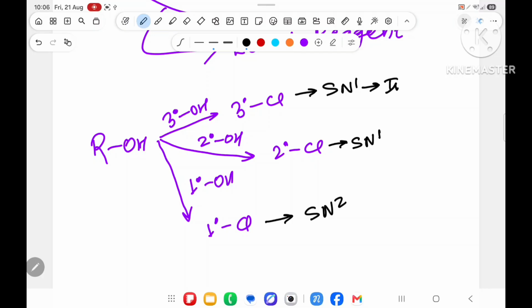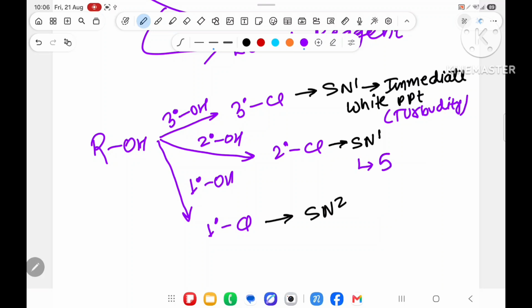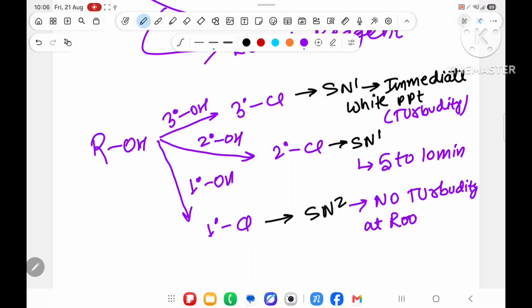This will give immediate turbidity or white precipitate. Over here, SN1 will take 5 to 10 minutes to give white precipitate or turbidity. And over here, no turbidity at room temperature.